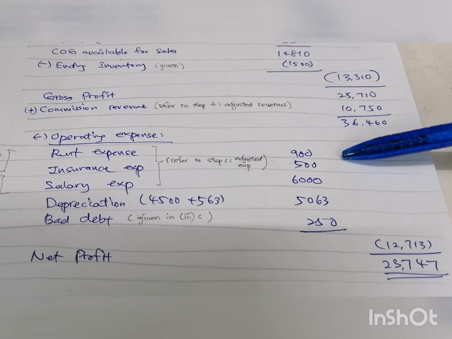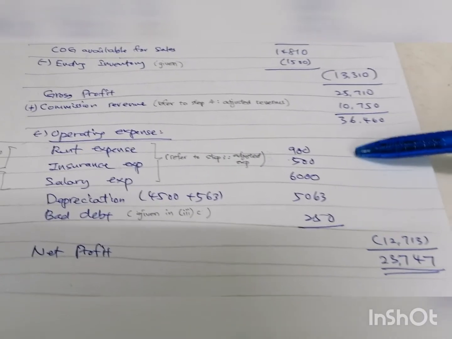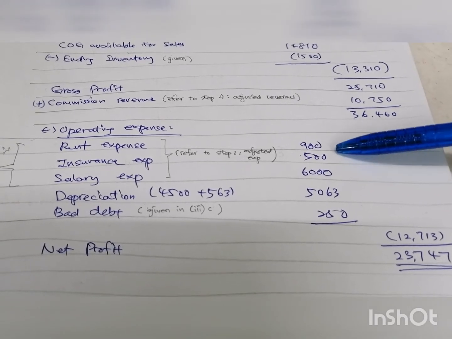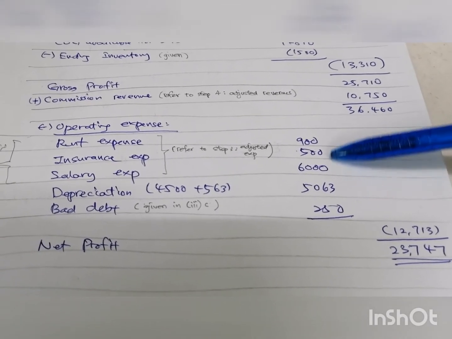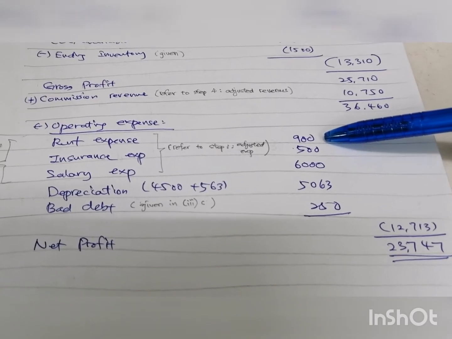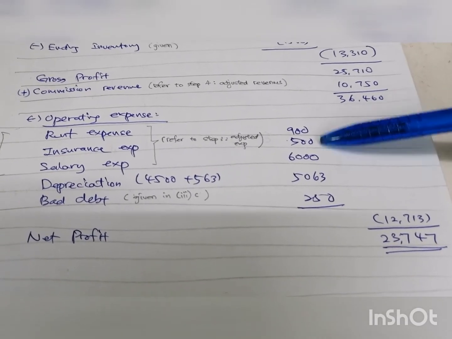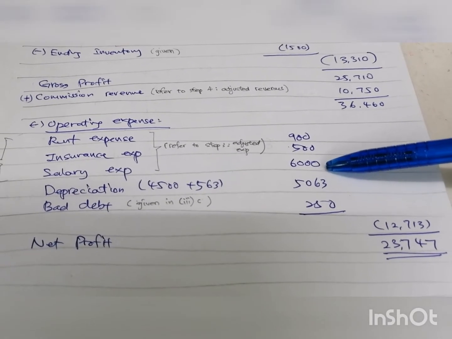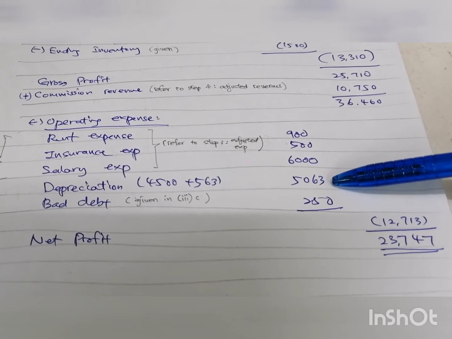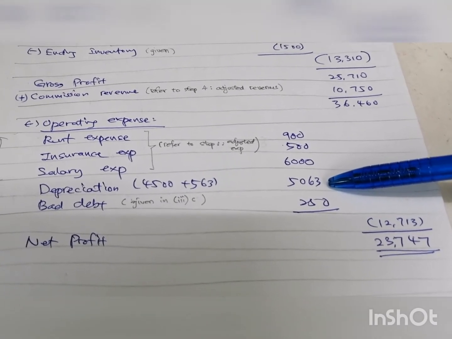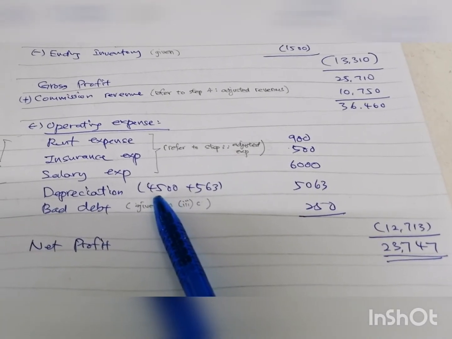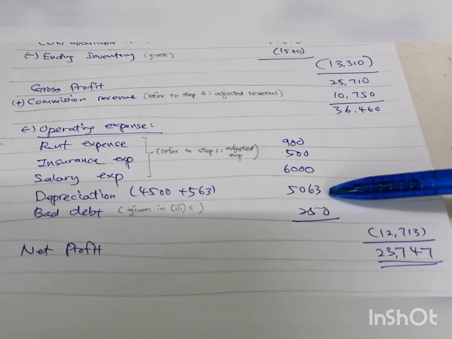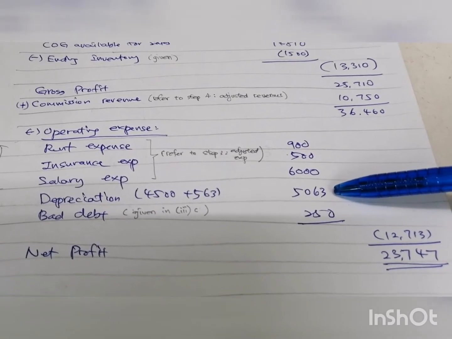Minus all your operating expenses. The expenses here refer to the adjusted expenses that you did in step 3. Rent expense is 900, insurance expense is 500, and salary expense is 6,000. Depreciation, we have just counted, am I right? So this one 4,500 plus 563, you get 5,063.